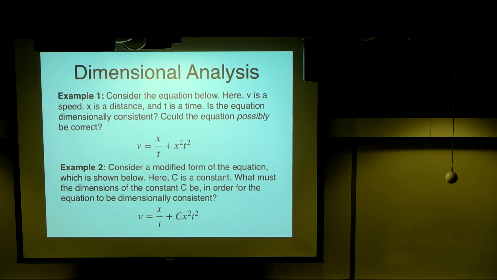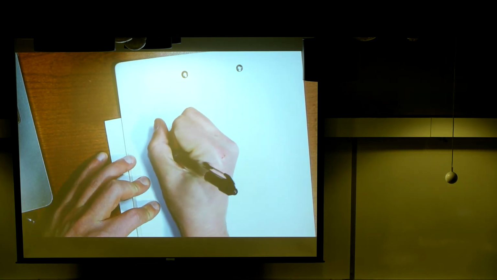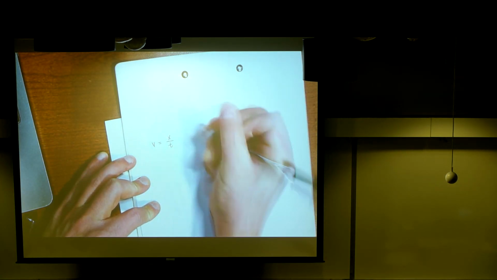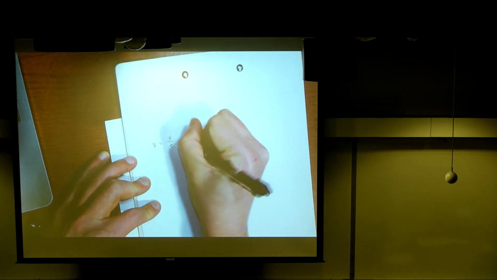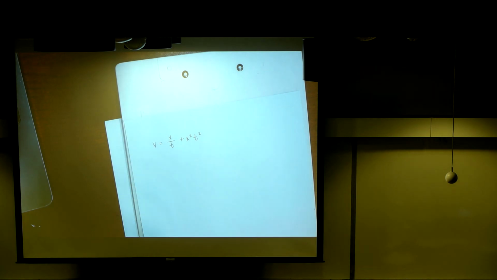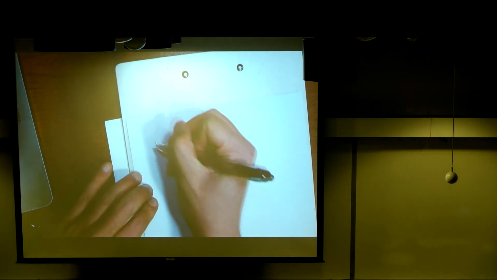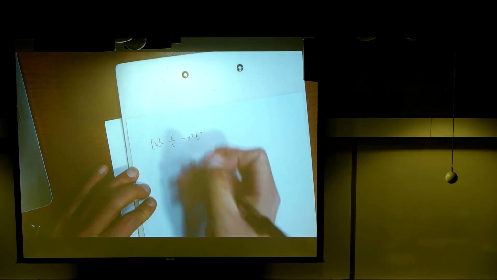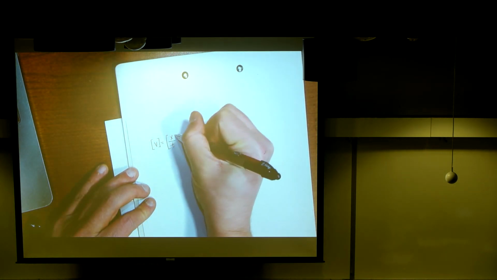Okay. So I'm going to start with the first equation, which says v equals x over t plus x squared t squared. Now I'm just going to show you some notation, okay? I'm going to put a little bracket around each one of these terms.